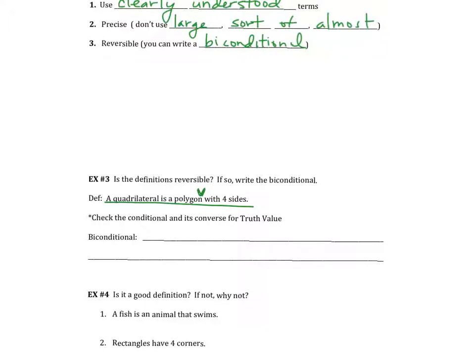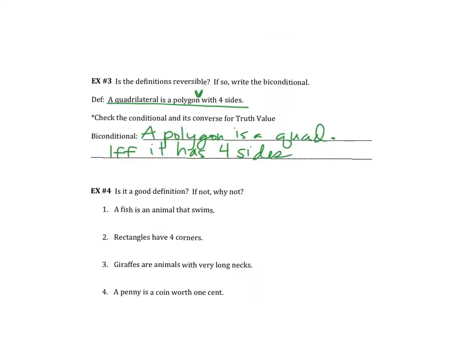A polygon is a quadrilateral, because we got to switch that around, right? Polygon is the overarching figure. More detailed is a quadrilateral. So we would say a polygon is a quadrilateral if and only if it has 4 sides. Okay.